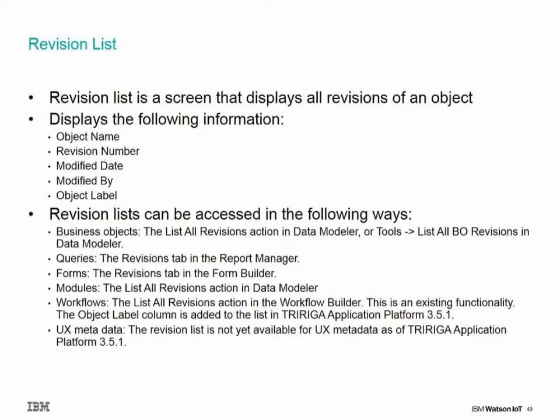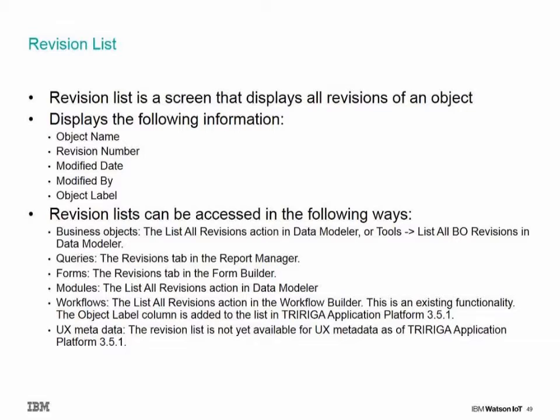A few things to note: as previously mentioned, currently you can view the revision list and compare between the different versions, but opening a previous revision or rolling back to a previous revision is not supported in Platform 3.5.1. Also note, for workflows, the first revision is revision 0. For modules, business objects, forms, queries, and UX metadata, the first revision is revision 1.